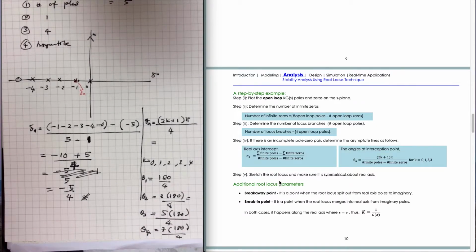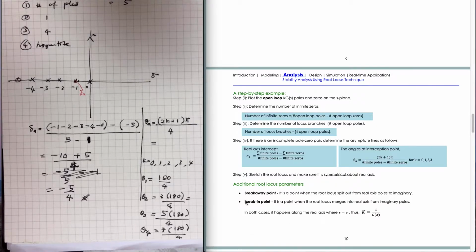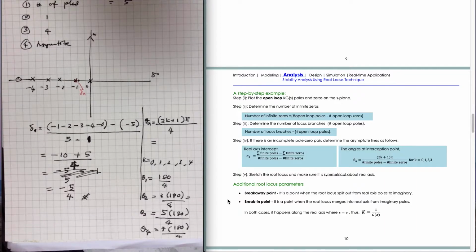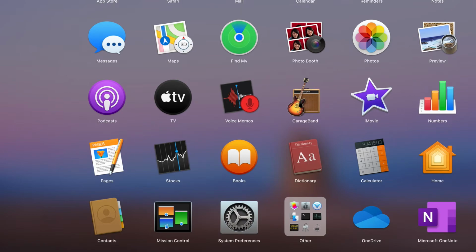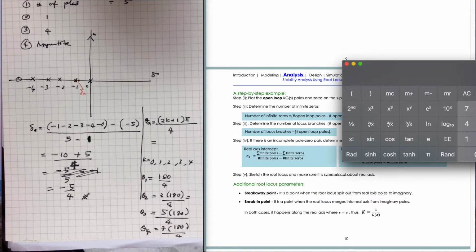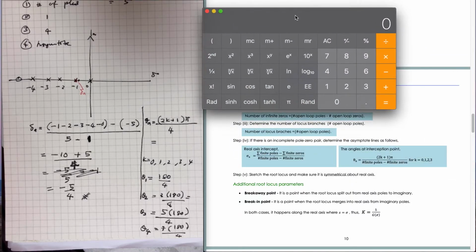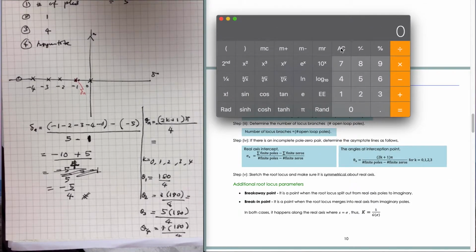I need to bring this calculator. Now, 180 divided by 4 is 45.